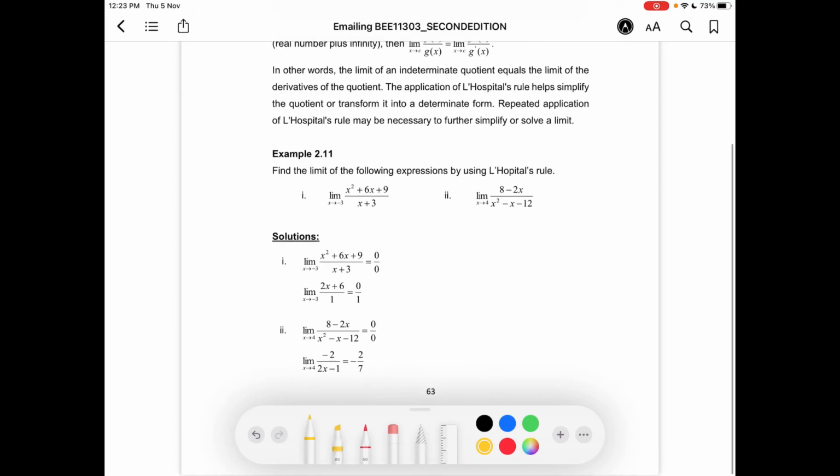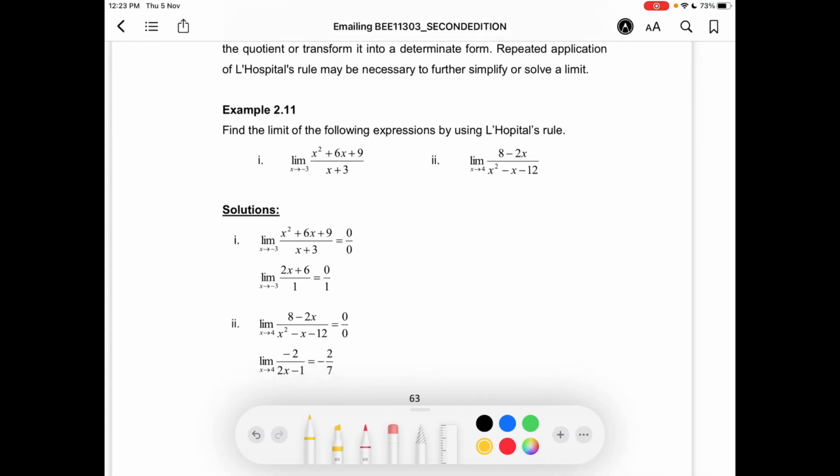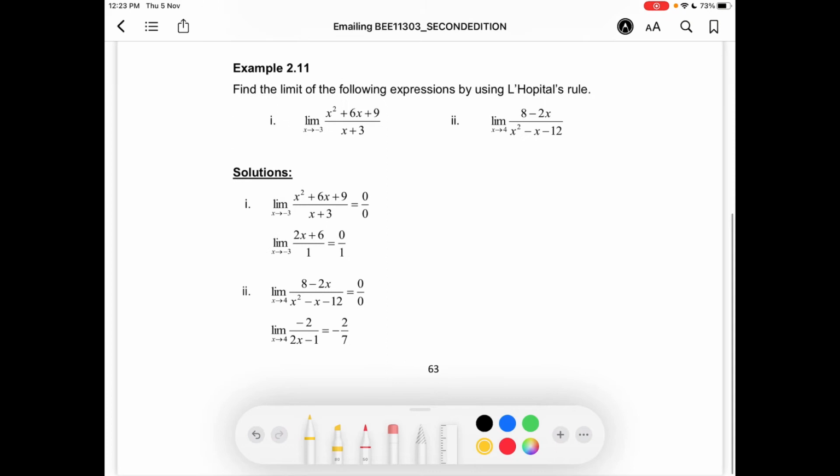So okay, how to do this? We need to go into the example. Example 2.11. In this example, we have these two types of questions. Let's go for the first one, the first Roman here.